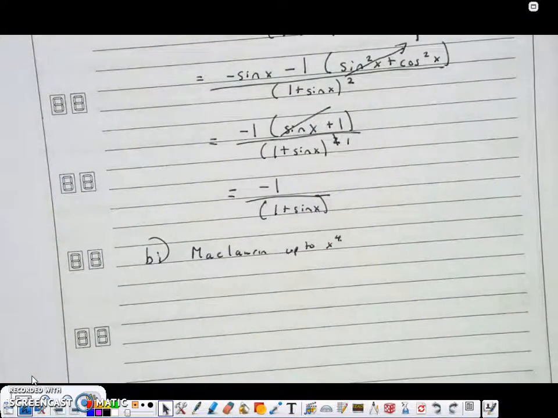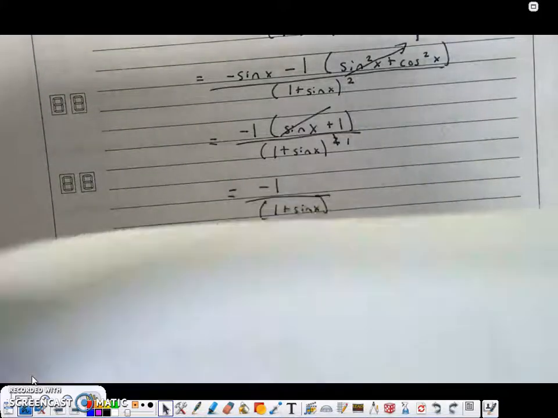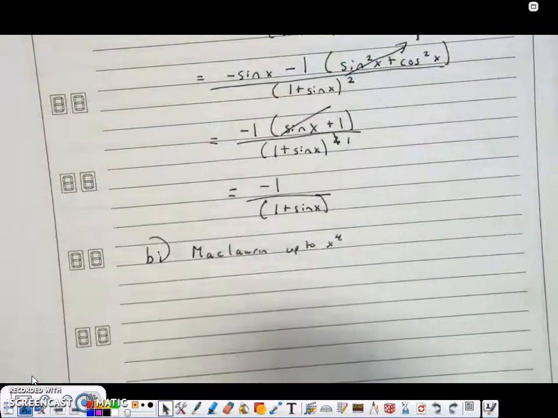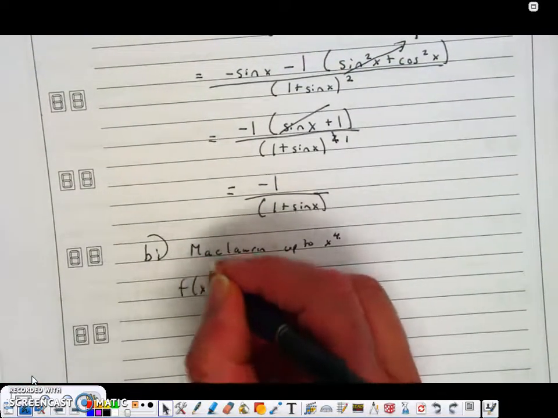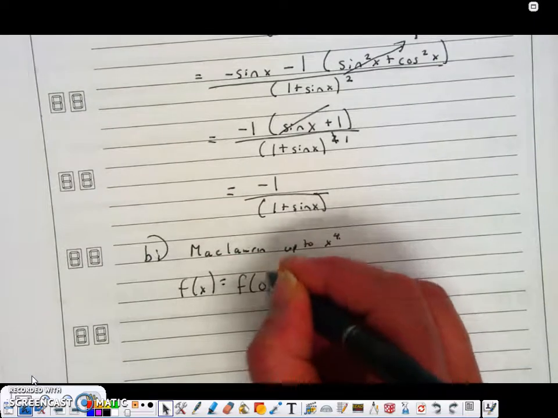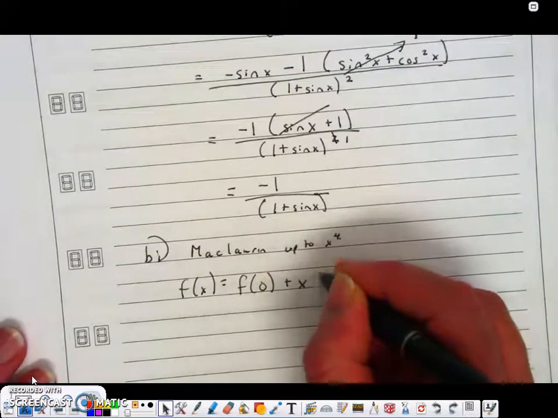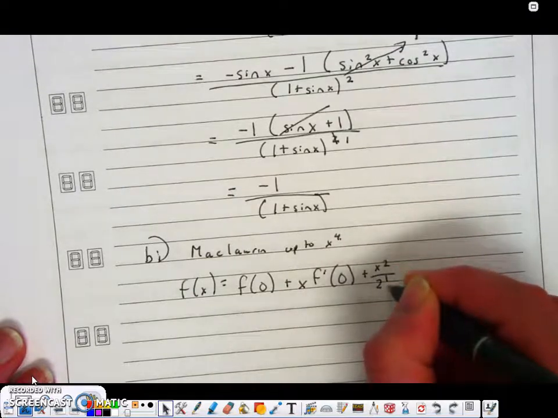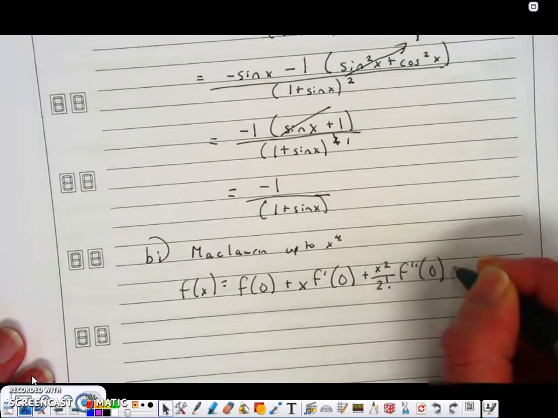Okay, and I can go to my formula sheet and go to the options page, and it has your formula for Maclaurin. Okay, right there. So I'm going to write that down. f of x equals f of 0 plus x times f prime of 0 plus x squared over 2 factorial f double prime of 0.